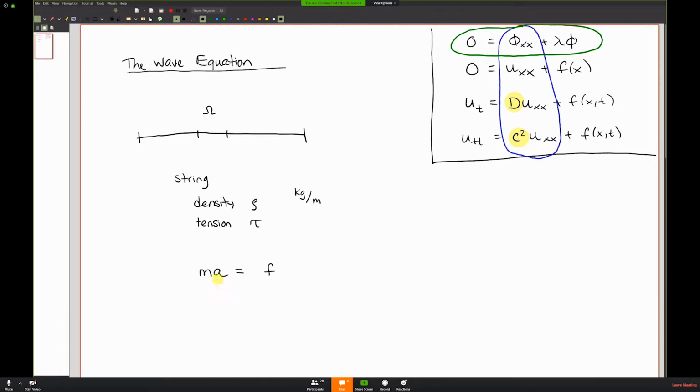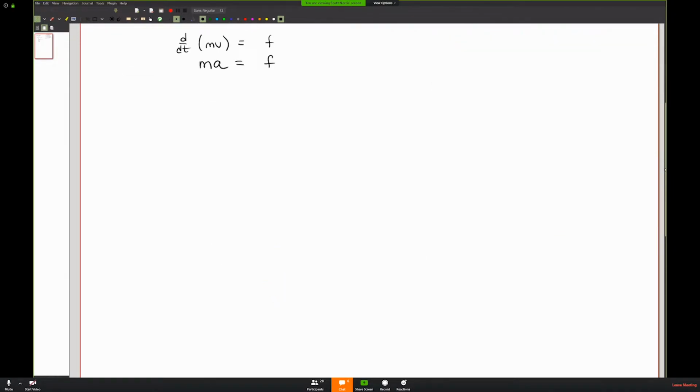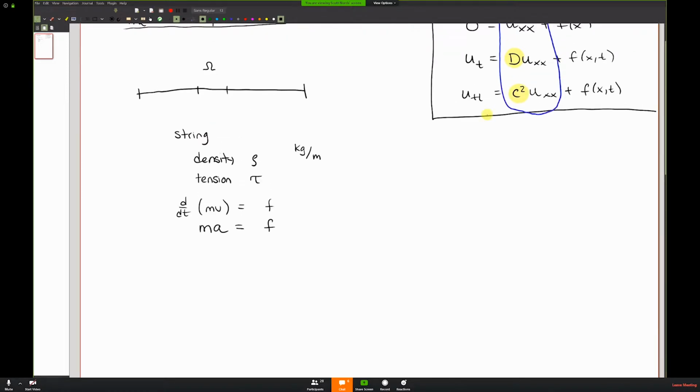The only way you can change momentum is by the application of external forces. So mass times velocity is momentum, the time derivative of velocity is acceleration. So this is like the time derivative of mass times velocity equals the sum of the external forces. All right, so let's figure out how to write this down for omega.